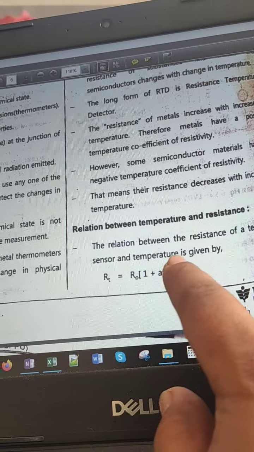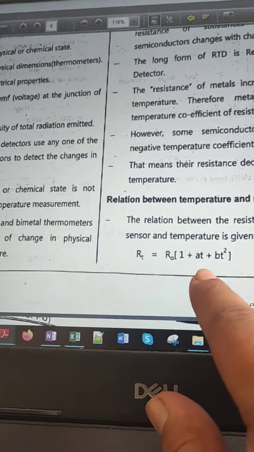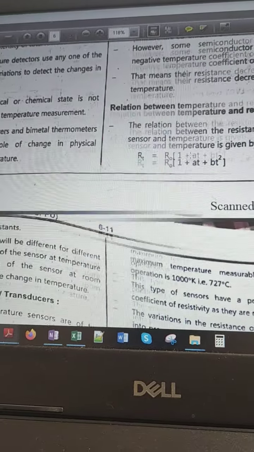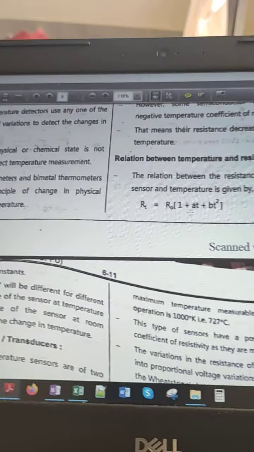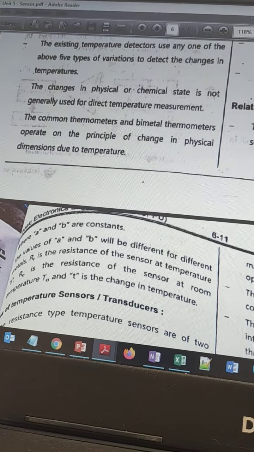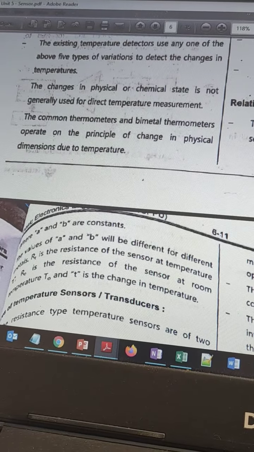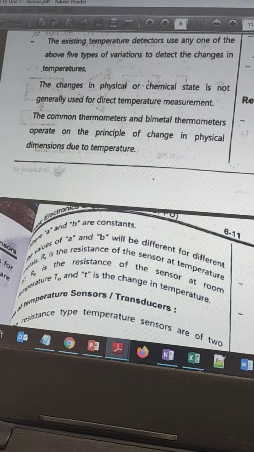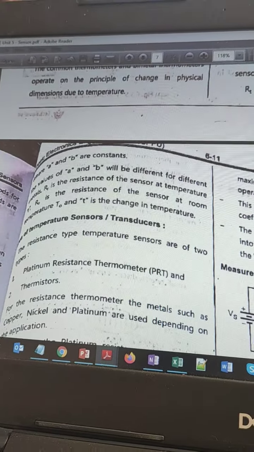The relation between the resistance of a sensor and temperature is given by RT = R0(1 + AT + BT²), where A and B are constants whose values differ for different materials. RT is the resistance of the sensor at temperature T, and R0 is the resistance at 0 degrees.